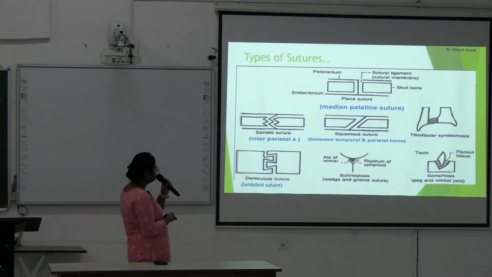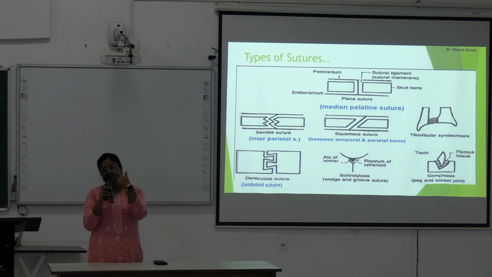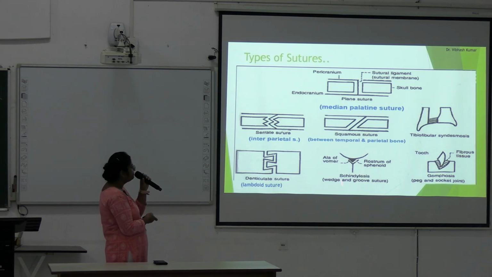Now there is the synovial. It is a type of wedge and groove suture. It occurs between the ala of the vomer and the rostrum of the sphenoid. This joint is present in our nasal septum. These two bones take part in the formation of the nasal septum.